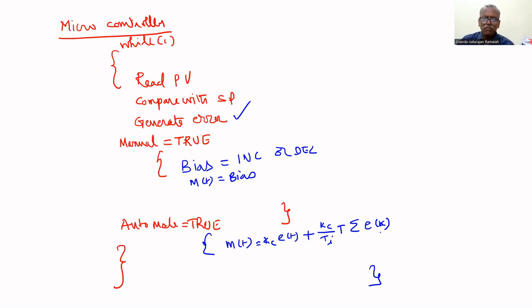Integration is replaced by sum of E of k. That you will see later. Plus whatever bias value we gave before transferring from manual mode to auto mode will also be added.